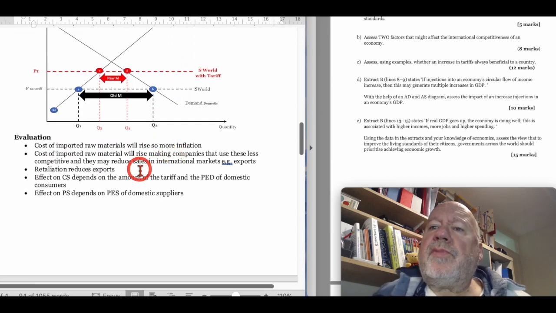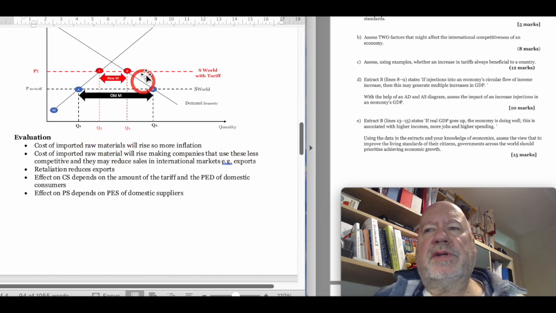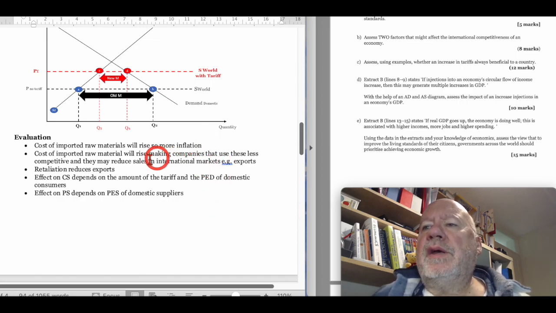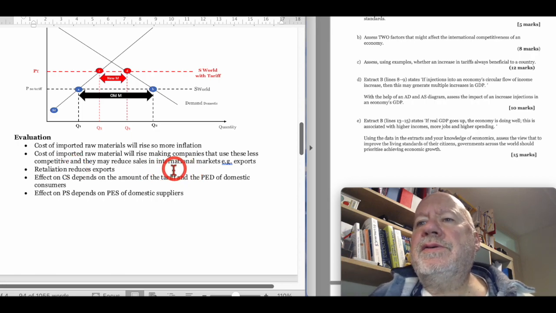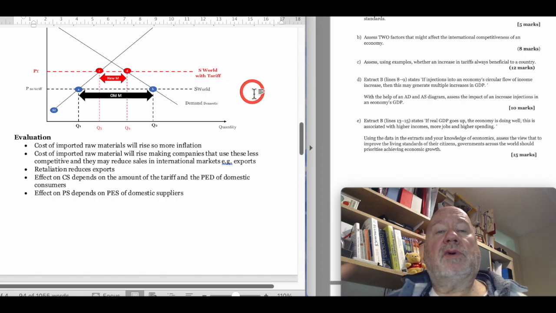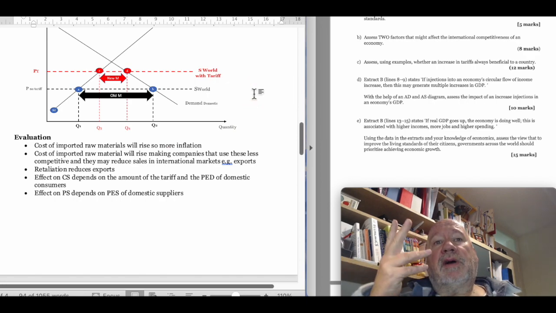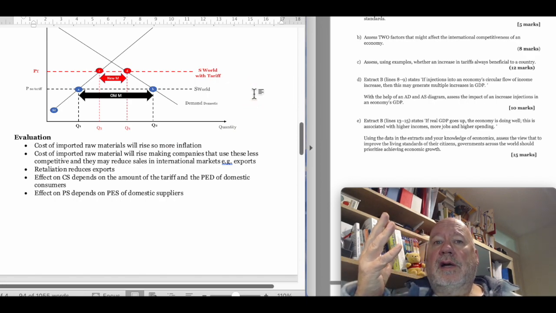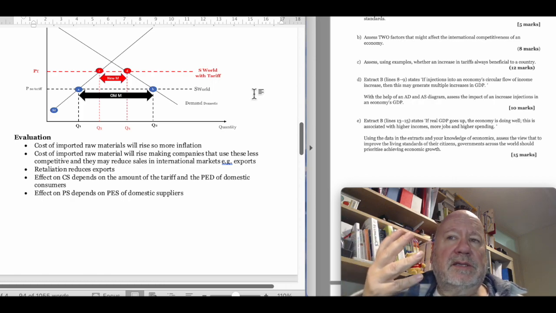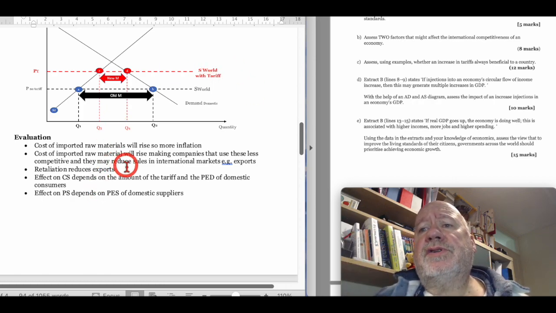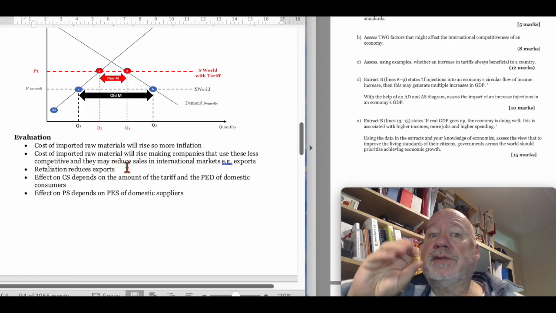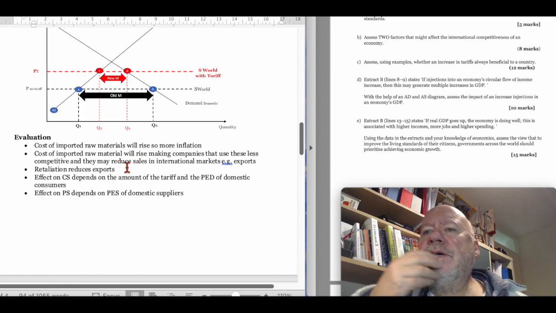Evaluation, obviously when the prices are going up, that might be raw materials that we put a tariff on, and so that leads to inflation in this country. It means the companies are therefore less competitive, and they might lose their sales overseas. The other country where we've put a tariff on against them, they might retaliate and put a tariff on, which is what China did against America, and so therefore that reduces the exports, so the impact on the balance of payments isn't going to be as great.